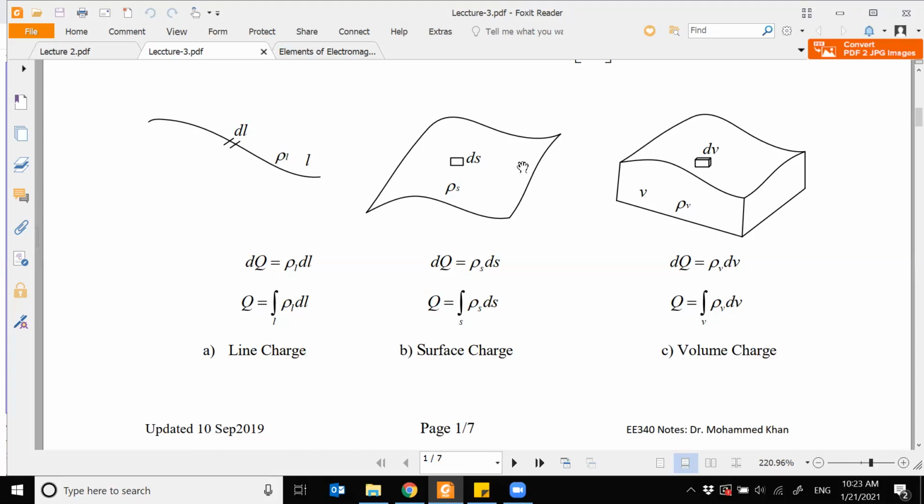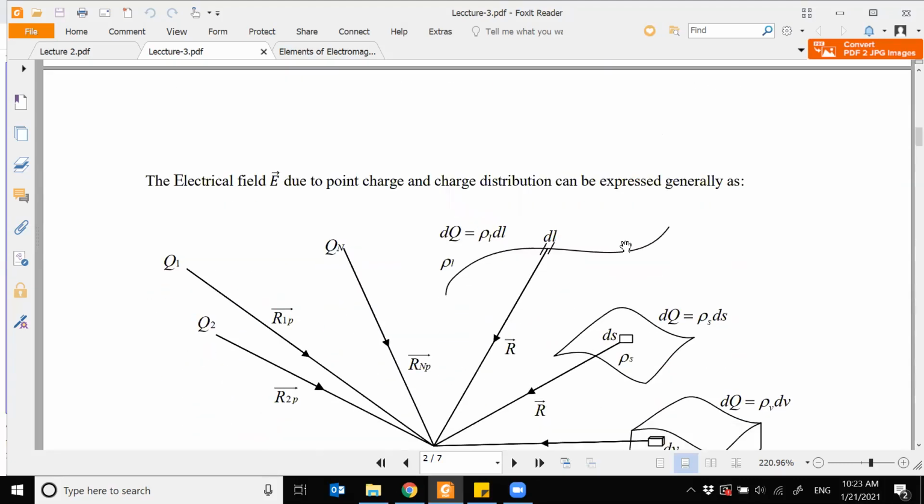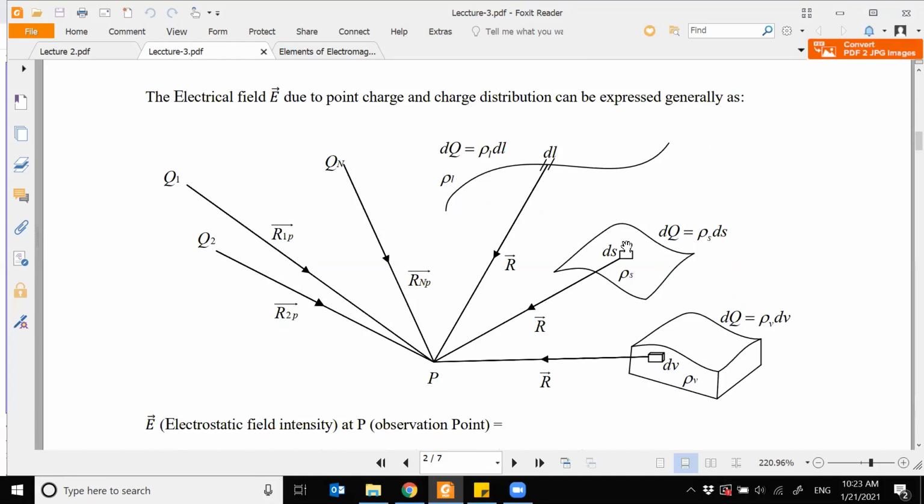Okay? Now we are generalizing the electric field at a point P due to different types of charges and charge distributions. So in a room, you may have some point charges, but also a charged wire somewhere, or a charged sheet somewhere, or a charged volume, a metallic sphere which is charged.